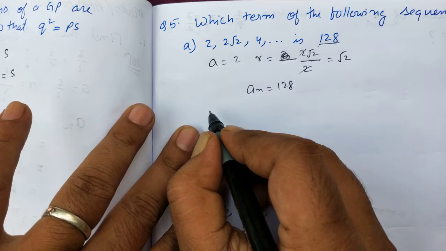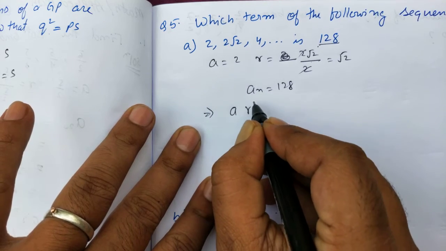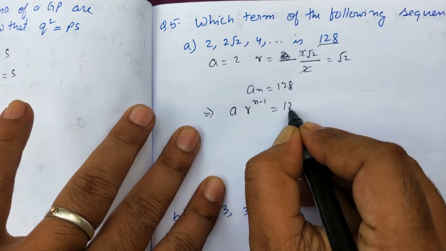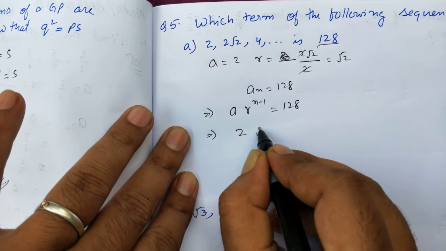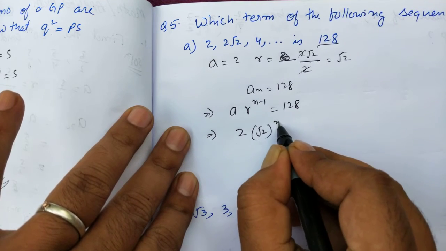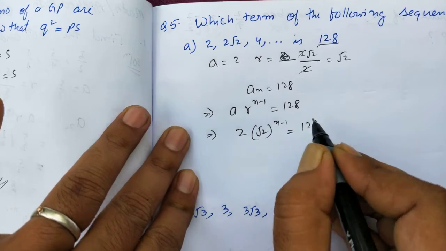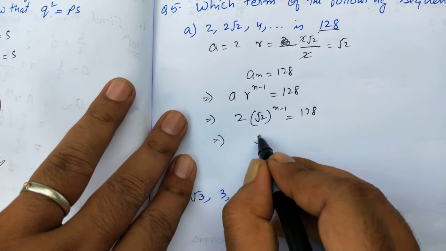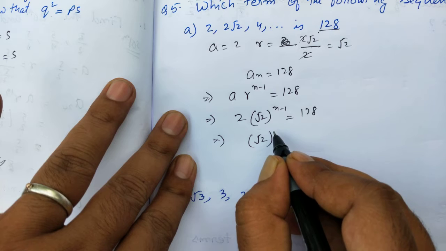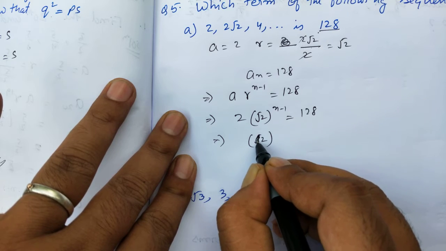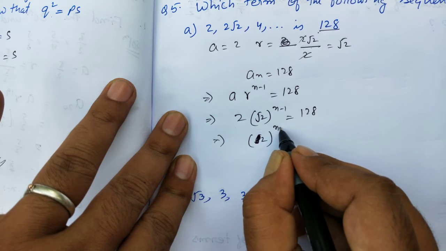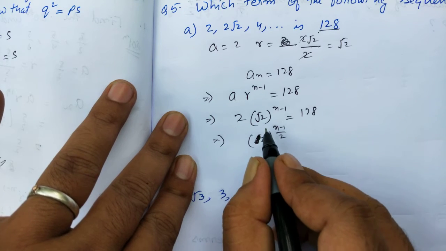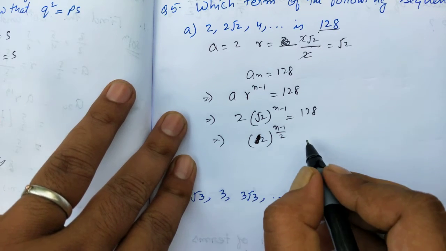Use the formula on the left side. A R^(n minus 1) equal to 128. A is 2, R is root 2. So root 2 whole power n minus 1. Root 2 power is half, so n minus 1 by 2.